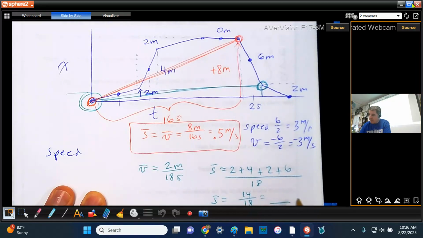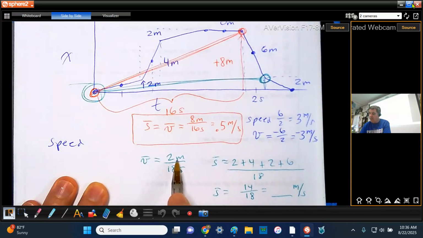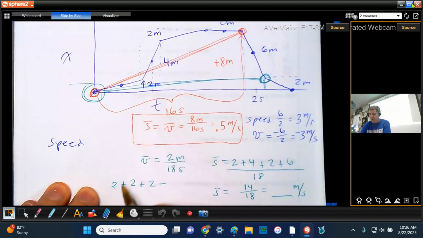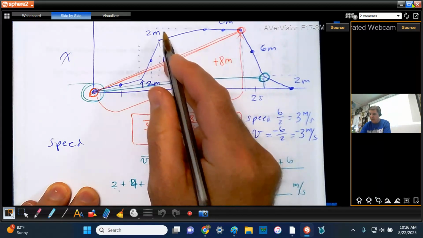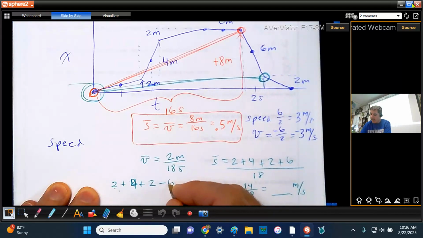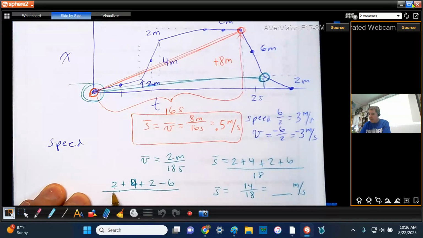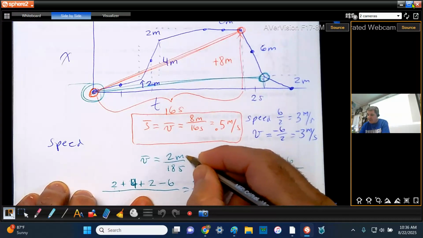Let's do the same one for velocity. It'd be plus 2 for the first one, plus 4 for the second one. I said 4, but I wrote 2. Plus 2 for the third section, and then we're going to go down 6, so minus 6. So that is going to be 6 plus 2 is 8, minus 6 equals 2. And that's where I got that 2 right there.